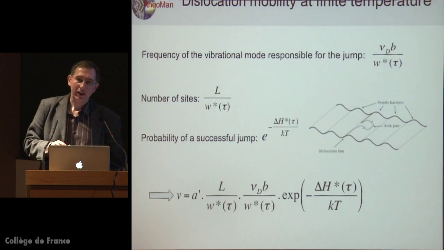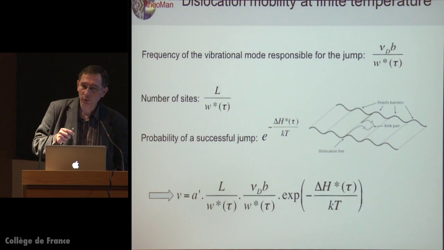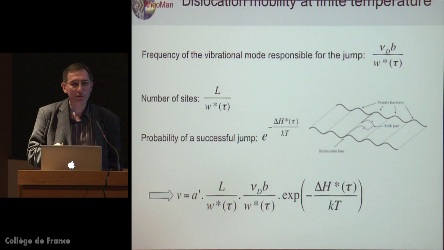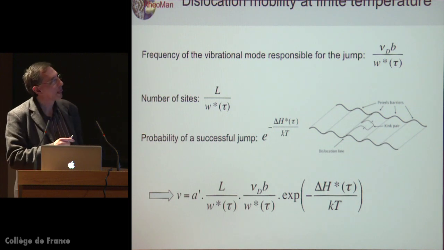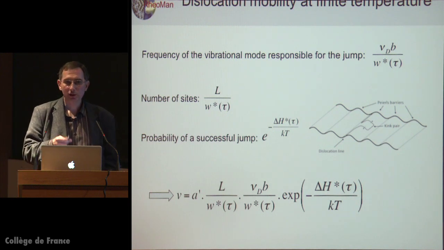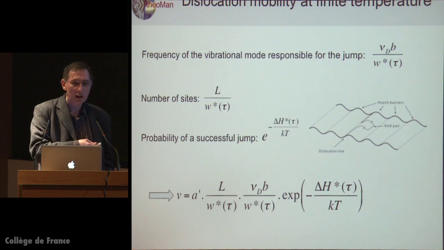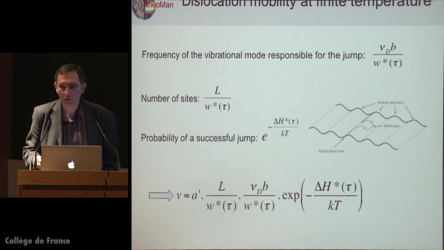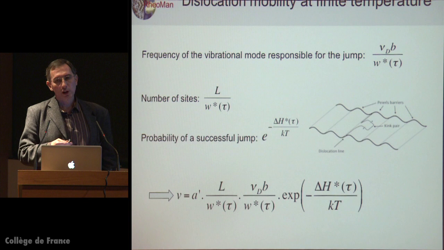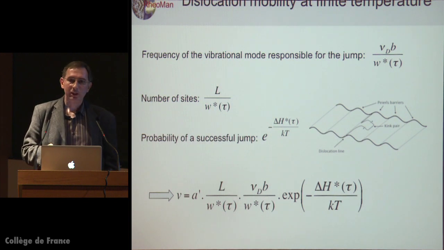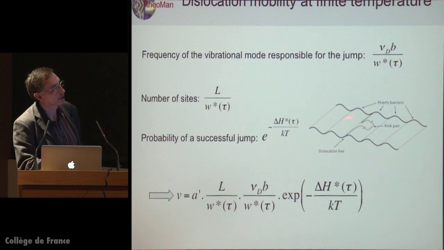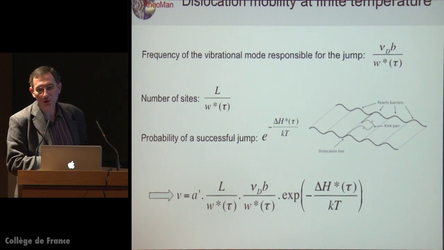I would like to explain now briefly, very briefly, how we take into account the influence of temperature. Because there's a big theoretical challenge to understand how this kind of defect moves, because they involve such a large number of atoms. So you just cannot rely on simple statistical physics and wait that you have a configuration that will jump over an energy barrier from one position to another.